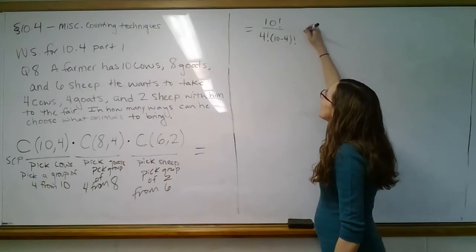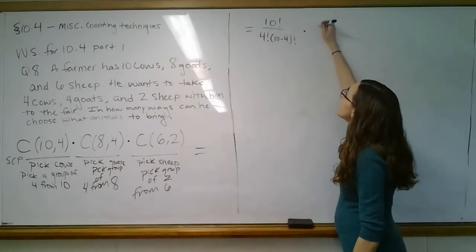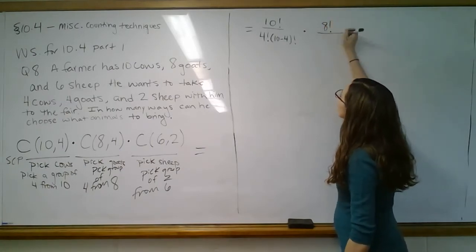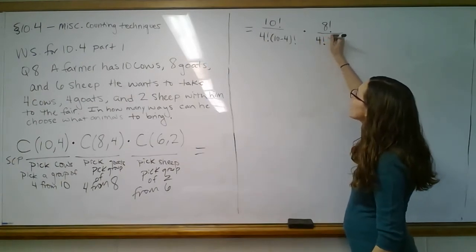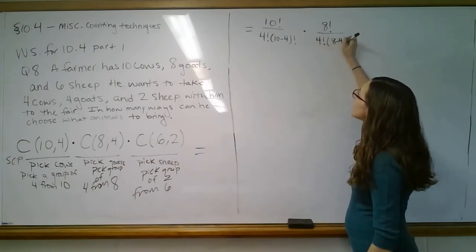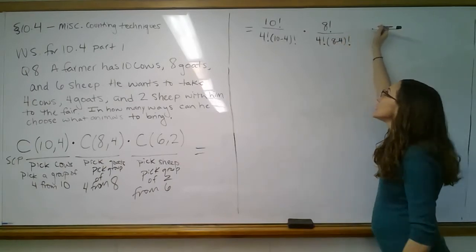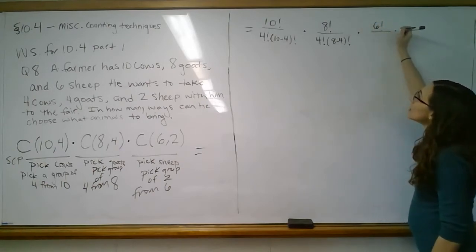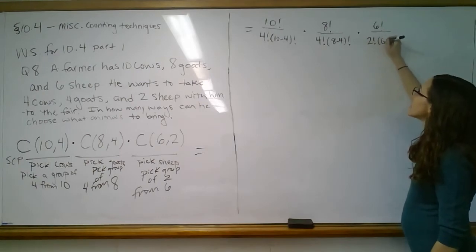And then we're going to multiply that by the goats, which is 8 factorial over, again, we're picking 4, so 4 factorial, and then 8 minus 4 factorial. And then the sheep is going to be 6 factorial over, we're picking 2 of them, so 2 factorial times 6 minus 2 factorial.